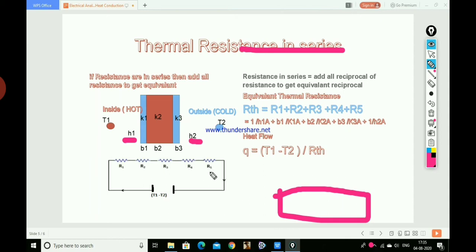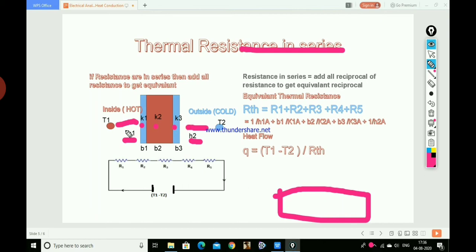Now, while solving the problem, we have to construct the electrical circuit equivalent to our problem. Heat is transferred from the T1 temperature first by convection, then conduction, then conduction, then conduction, and again by convection.